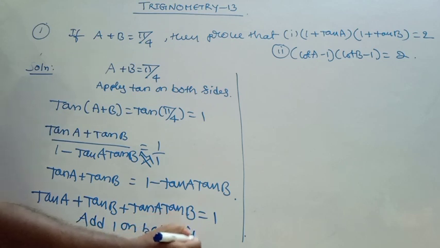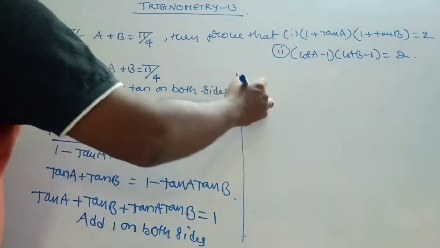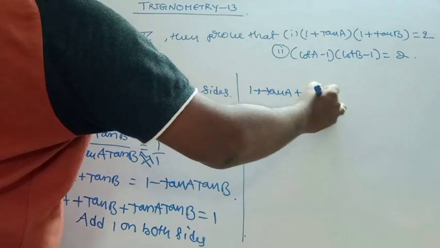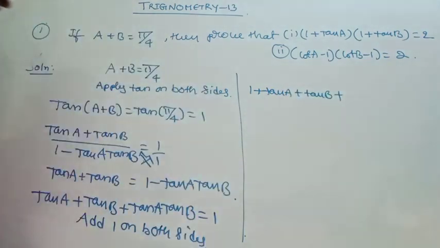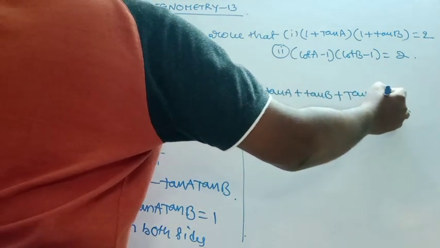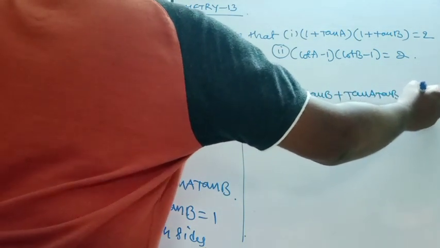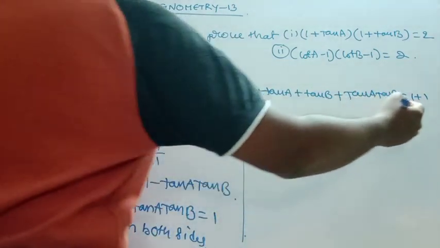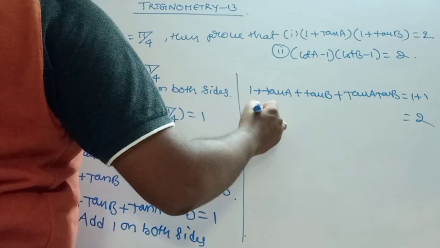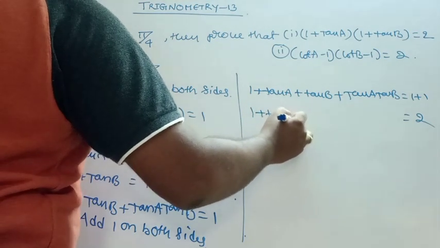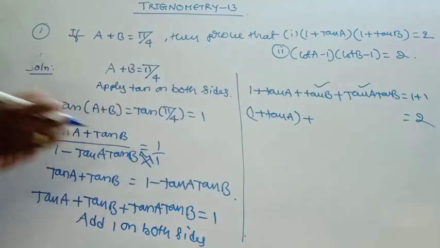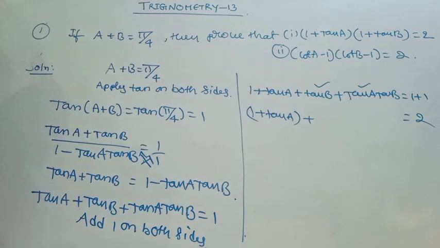If you add 1 on both sides, what you will get is 1 plus tan a plus tan b plus tan a tan b is equal to 1 plus 1, that is 2. Now we have 1 plus tan a here, plus in these two terms we take tan b common.